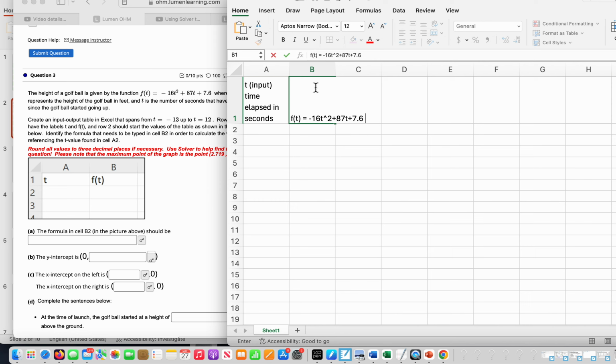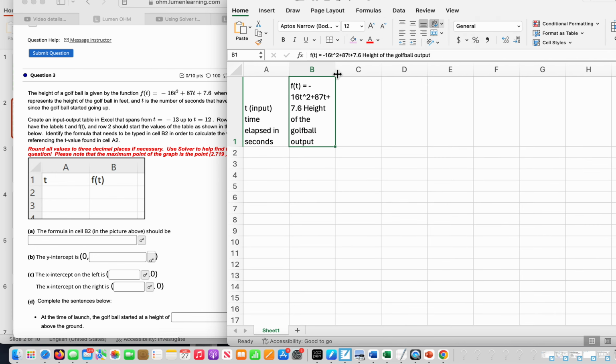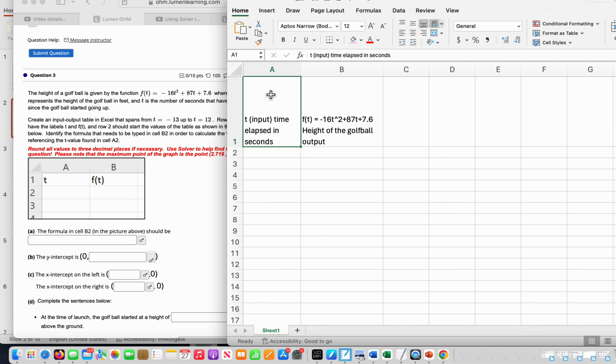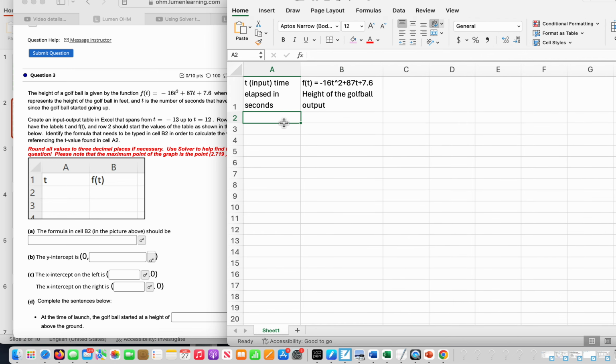And this represents the height of the golf ball. This is my output. So I input time and I output the height of the golf ball. All right, so let's wrap this text as well. And if I can make that a little bit bigger. Okay, and I'm going to make those go up at the top. All right, so there's my column headings.